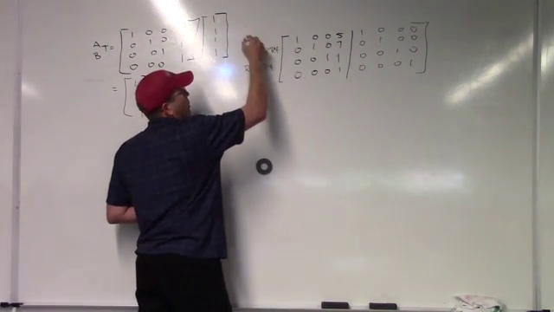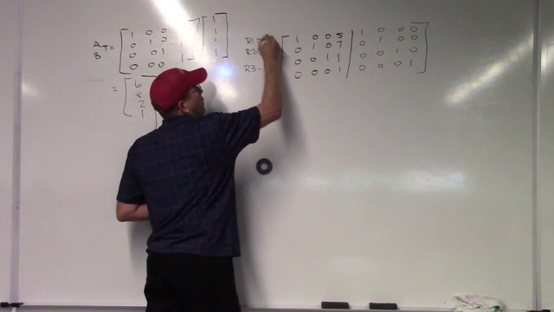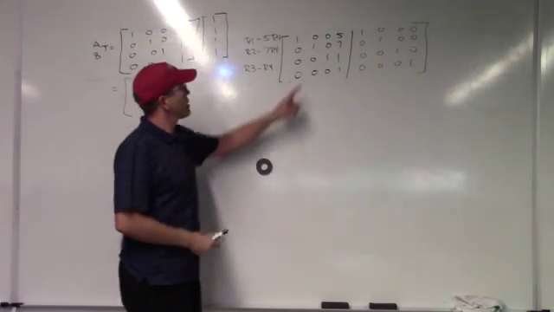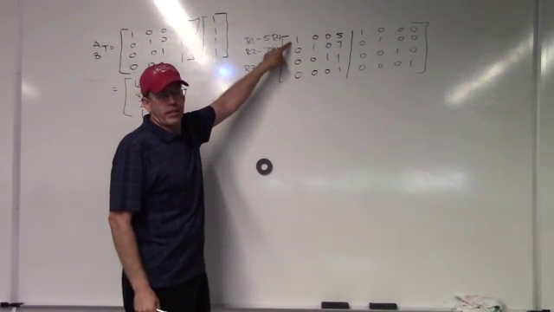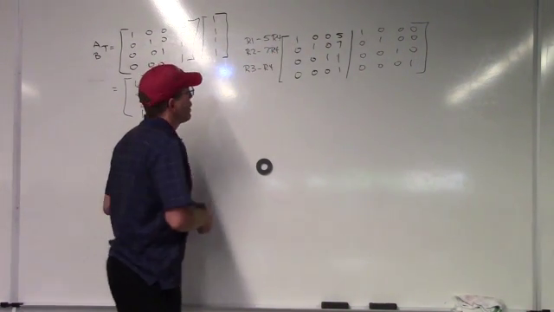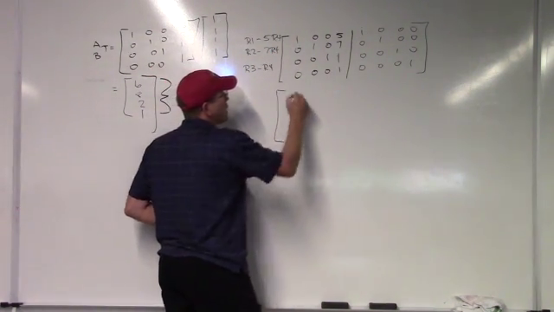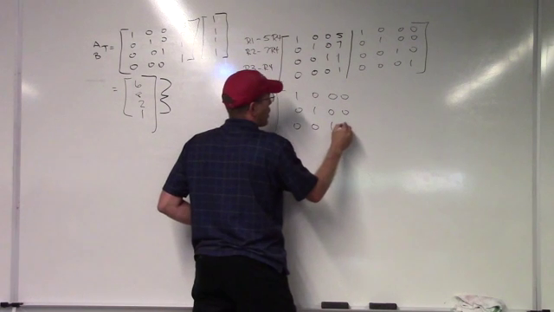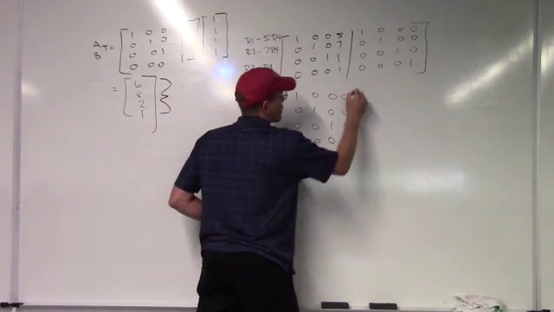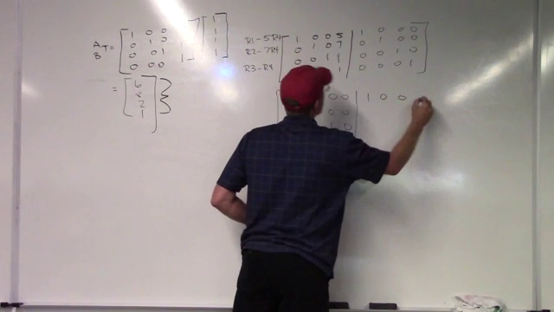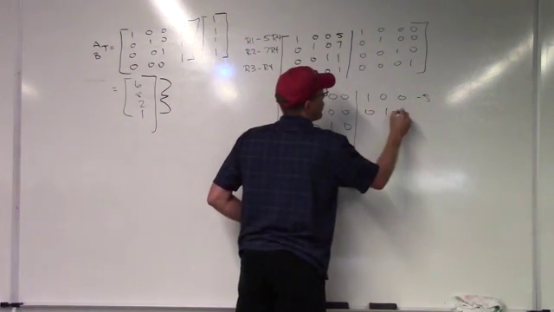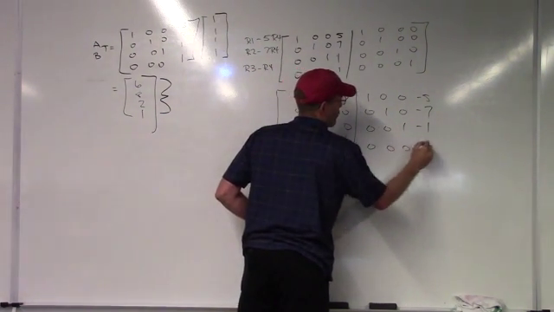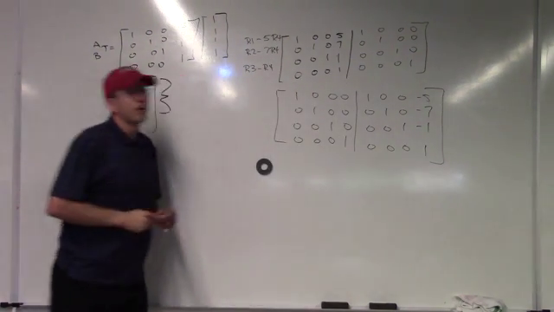And finally, here we have row 1 minus 5 times row 4. And that's all we have to do. If we perform those row operations, then we have the identity on the left-hand side here, don't we? Well, that's what we end up with.